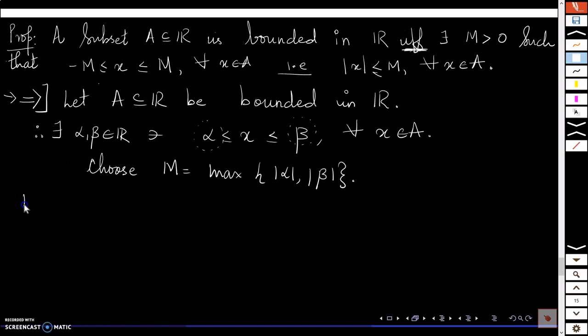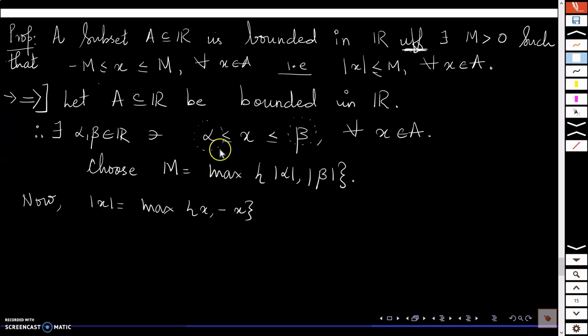So now one thing we know is mod x, I can express it as the maximum of x and minus x. So if I want to estimate mod x, it is as good as estimating both these numbers, x and minus x, because mod x can take one of these numbers, either x or minus x.